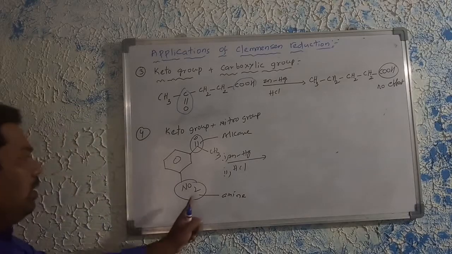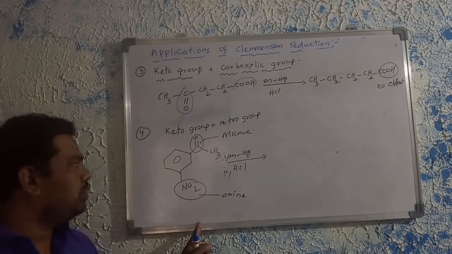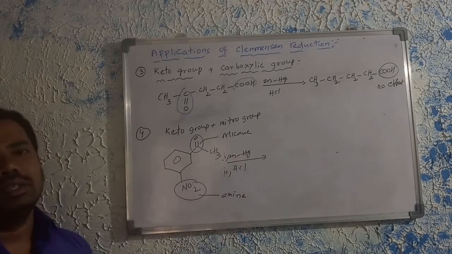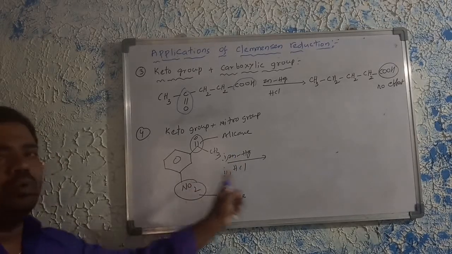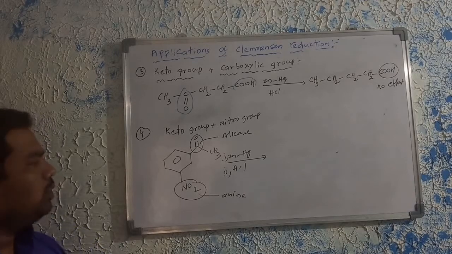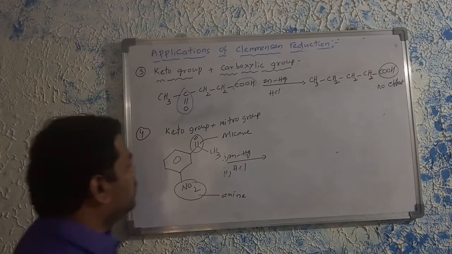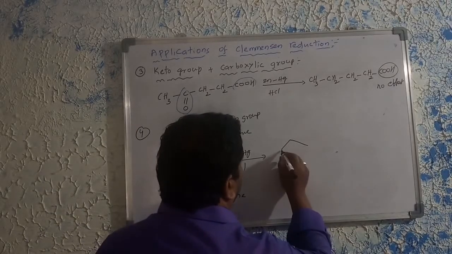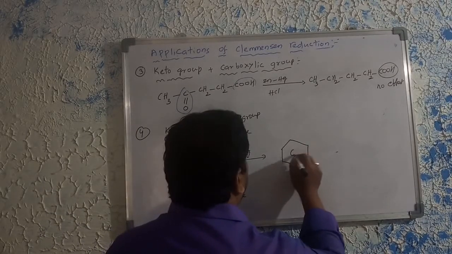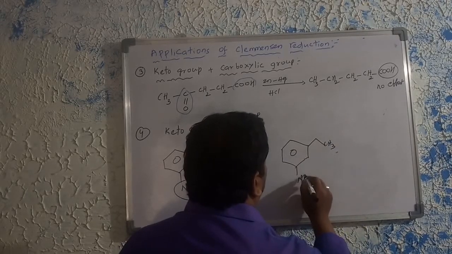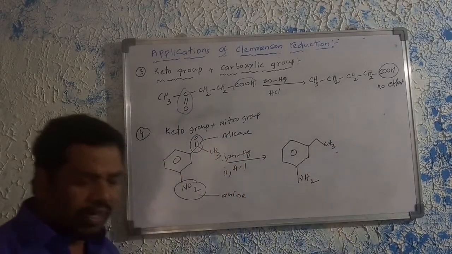If any nitro group is substituted on a benzene ring, generally when we treat with zinc amalgam HCl, the NO2 group converts into NH2. And obviously the carbonyl group is reduced. So the product is CH2 CH3, where the NO2 converts into NH2 group.